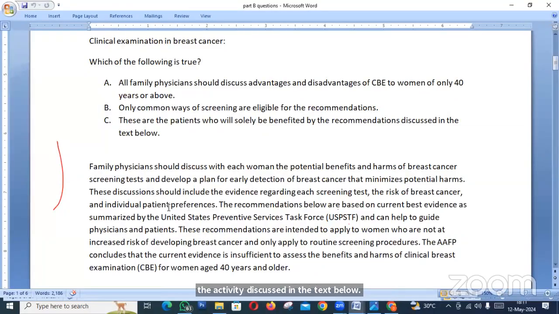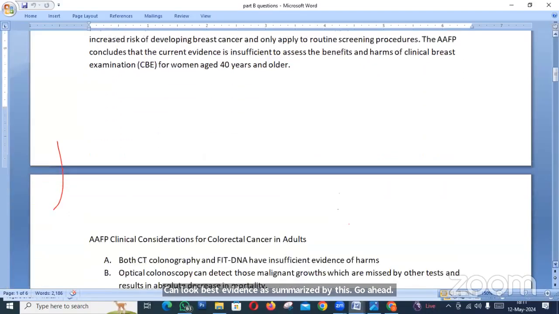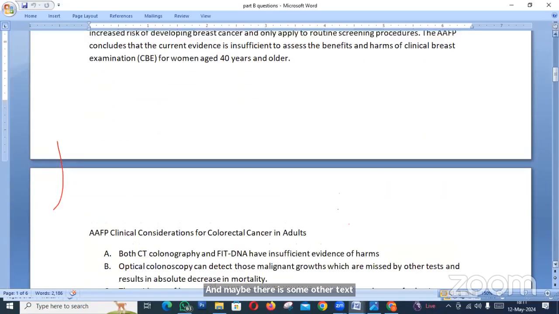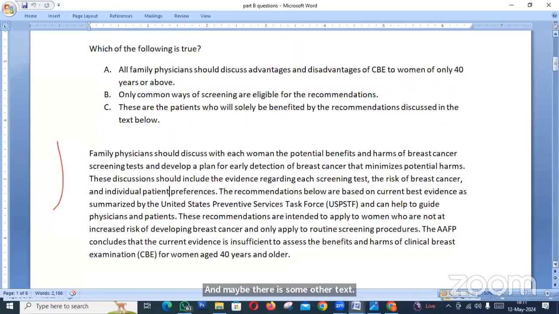The recommendations below are based on current best evidence as summarized by this guide. Maybe there is some other text. No, I think B, it looks like B. The patients who will solely be benefited by the recommendation discussed in the text below apply to women who are not at increased risk of developing breast cancer and only apply to routine screening.